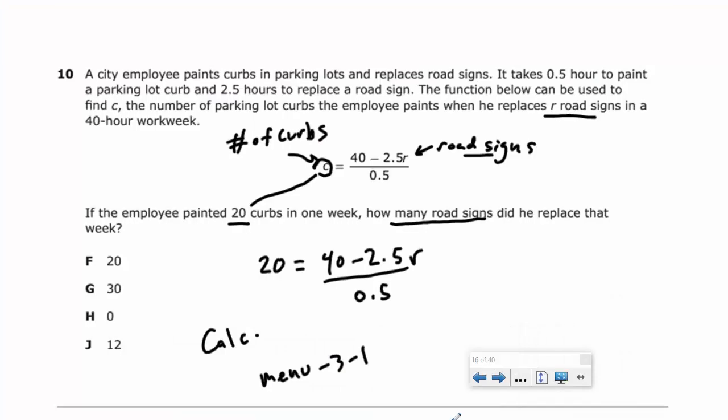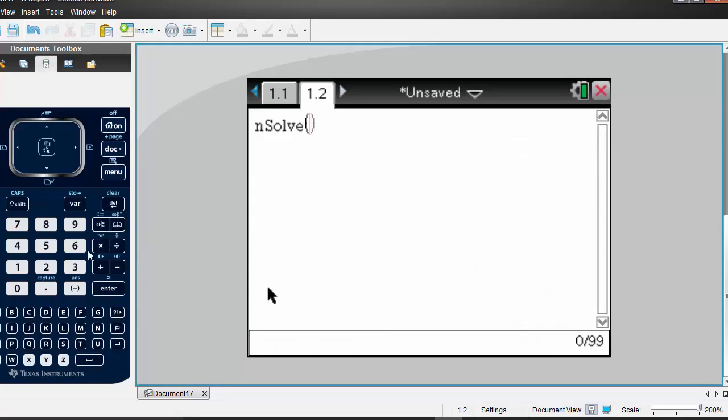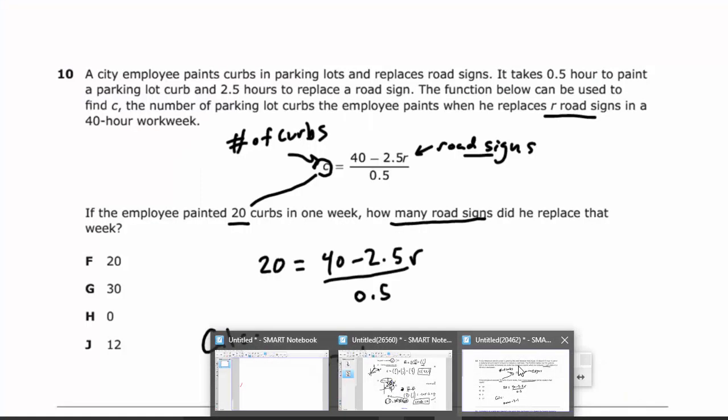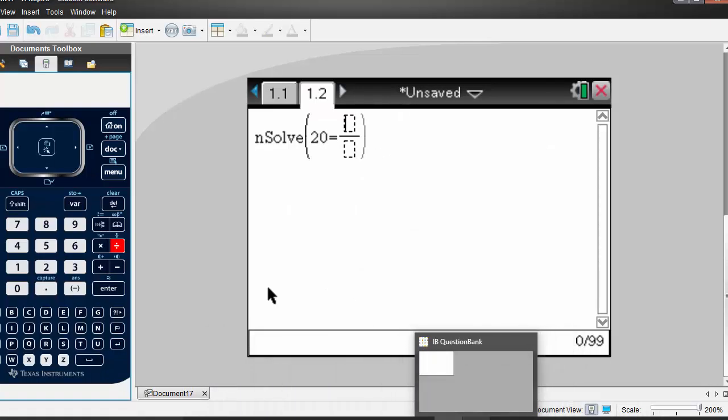So on the calculator, I'm going to say 20 equals, and then there's a fraction. To make a nice fraction in the calculator, you'll hit Control Divide. So that's what you should do on your test, every time you make a fraction there. So this is going to equal, what does this say here? 40 minus 2.5.